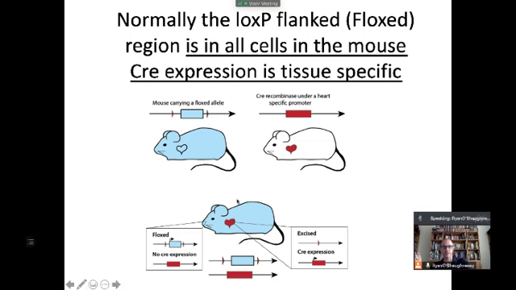So in the rest of the mouse there's no Cre expression, there's no removal of that DNA from the floxed site. In the heart, however, where there is Cre expression, we get removal of that blue gene from that region, the heart only, because there we have the Cre and we have the LOX-P sites.